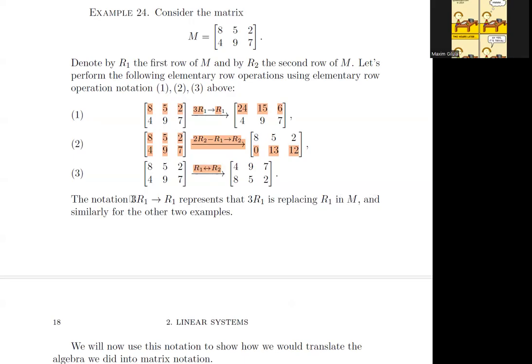So the notation is 3 row 1 goes into R2. It's replacing it in the matrix. So we get a totally new matrix. But the matrix represents something that we want. We want to reduce linear equations to some easier linear equations.